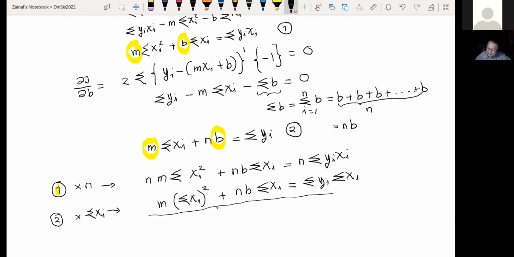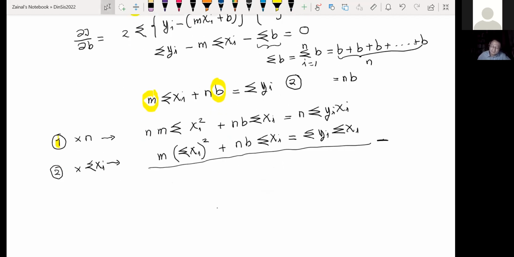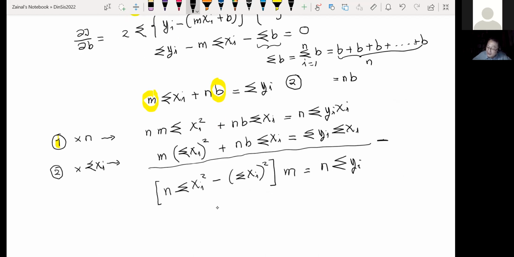Okay, then if you subtract this one from this one, what you have is n sigma xi squared minus sigma xi squared, multiplied by m, is the same as n sigma yi xi minus sigma yi sigma xi.